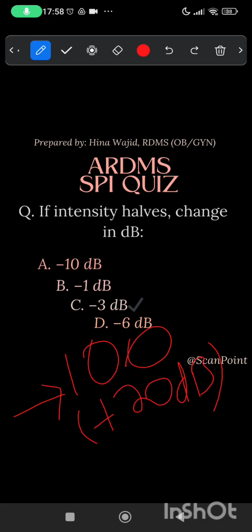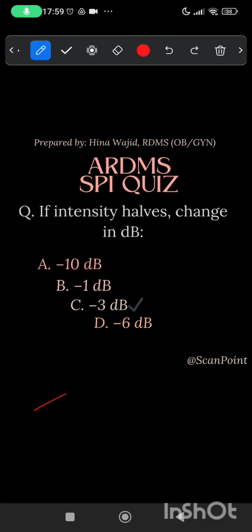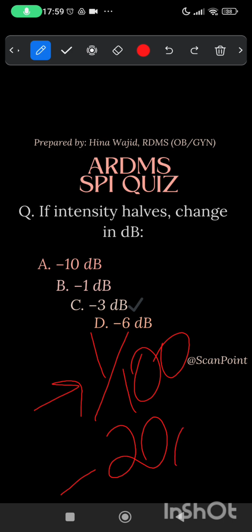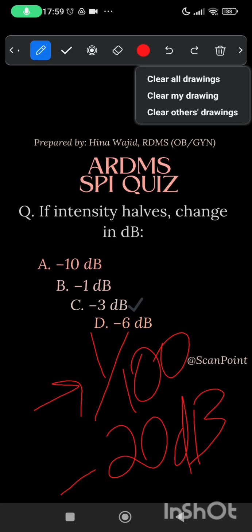When it's 10,000, the change is plus 40 decibel. When it's 1 by 100, the change is minus 20 decibel. When it's 1 by 1000, the change is minus 30 decibel. 1 by 10,000, the change is minus 40 decibel, and so on.